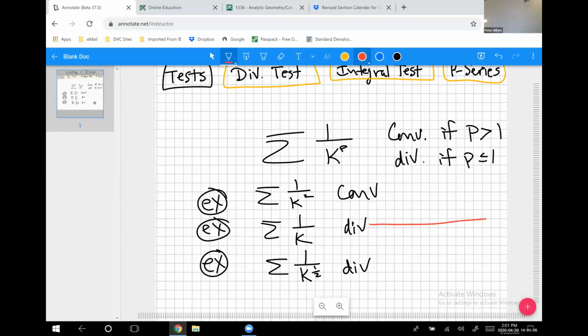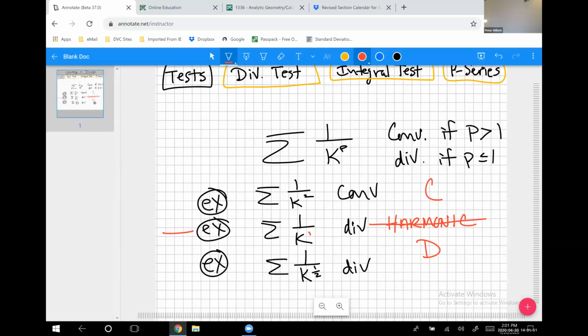But the borderline between convergent and divergent happens when there's an unwritten 1 on the k. And remember, that's the harmonic series. The harmonic series is the borderline of the power series where you go from series that converge to series that diverge.